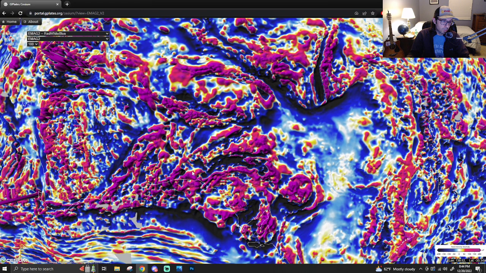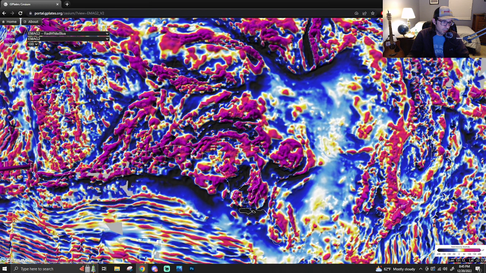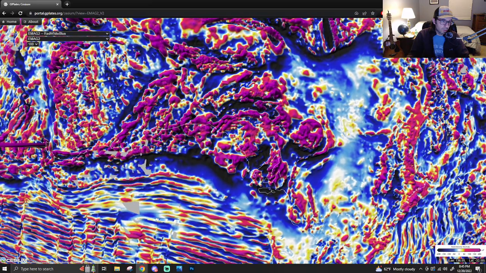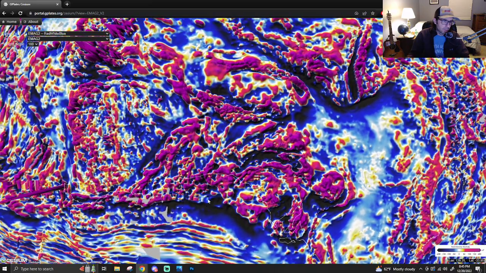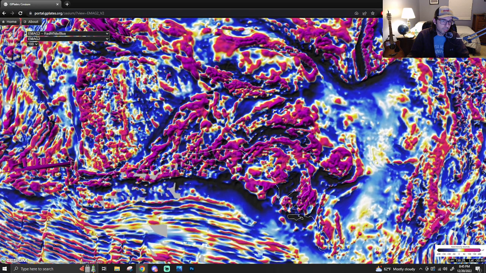But this was spiraling also that way, I guess. Current going this way, hitting that, so bending off this way and wrapping around here. So there was another spiral here that looks like a storm.